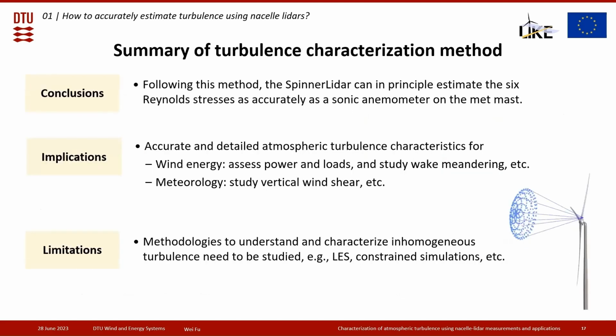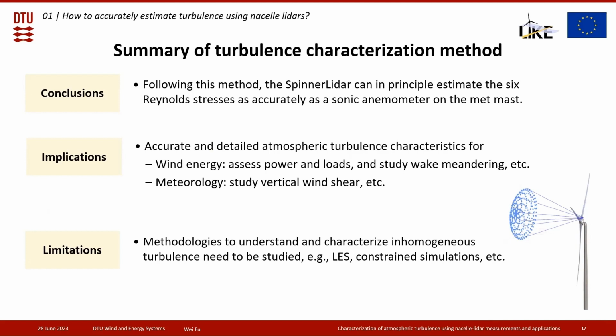To summarize the first work, the conclusion is that, following the method, we can use the spinner LiDAR in principle to estimate the six radial stresses as accurately as the sonic anemometer, at least as we see from the simulations.